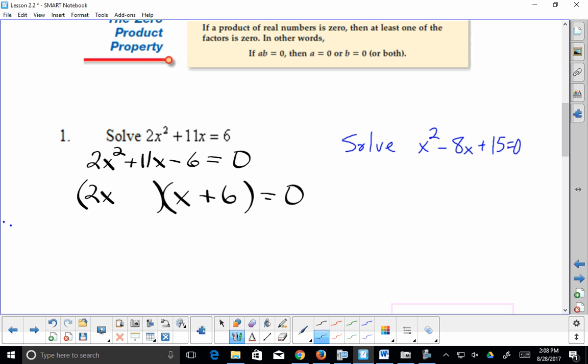It's going to be positive 6 here and negative 1. When we're finding the zeros, when we have just 1x, we know it's the opposite. When we have a coefficient of x, that's pretty easy because you just have to add and divide. So our zeros here are going to be positive 1/2 or negative 6.